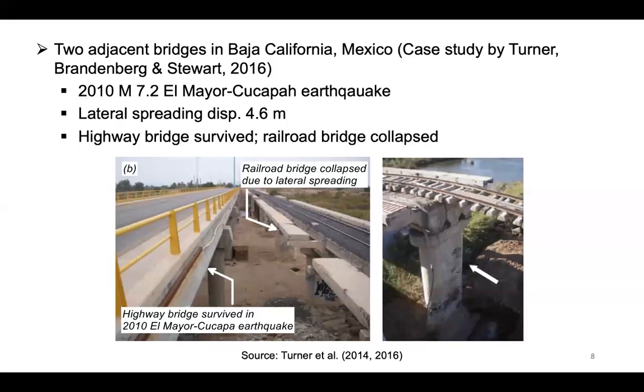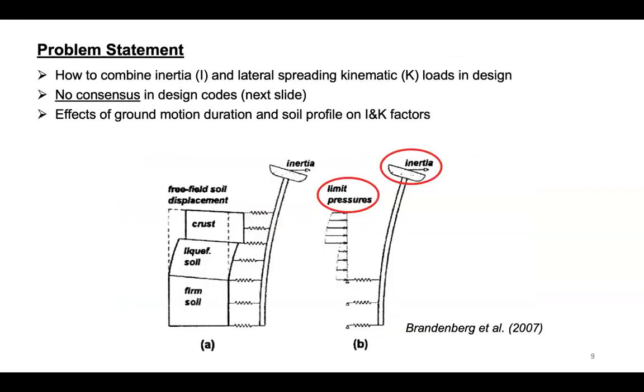If you can't design the piles to sustain the lateral spreading loads, then the next option would be adopting more costly ground improvement methods to mitigate liquefaction risk. So what I'll be focusing on in this presentation is the first approach: how to design the piles and evaluate the performance of the pile foundations when you have liquefaction and lateral spreading issues.